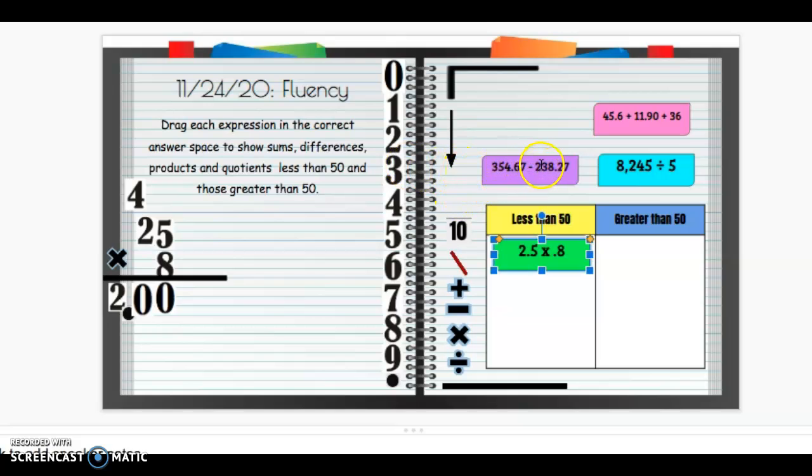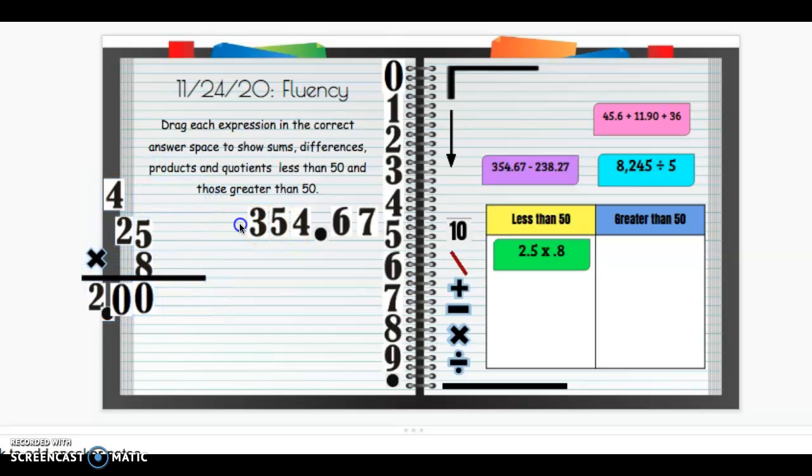354.67 minus 238.27. So we have a 3, a 5, a 4, decimal point, 6, and then a 7. And I will move my numbers over so you don't get confused. So then we subtract.